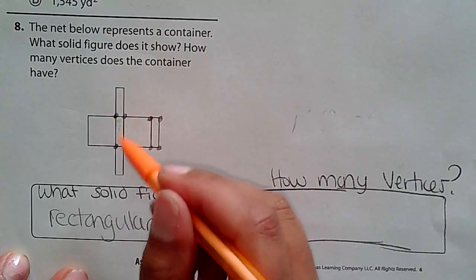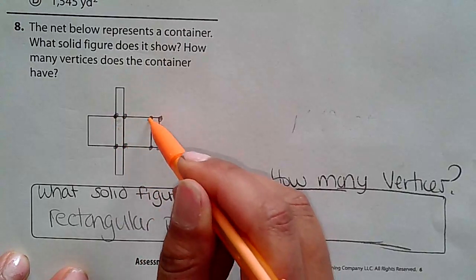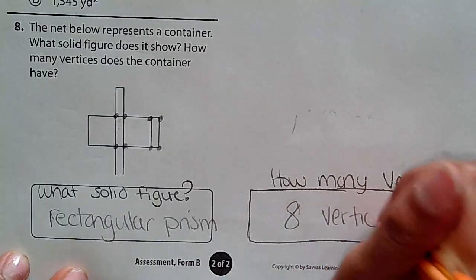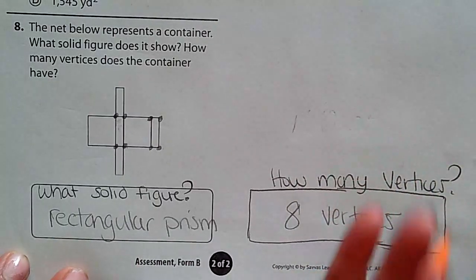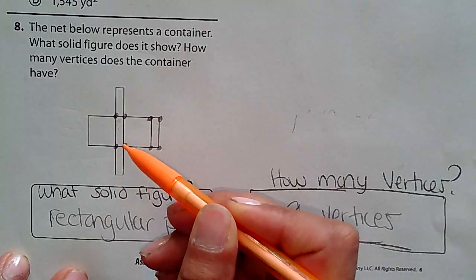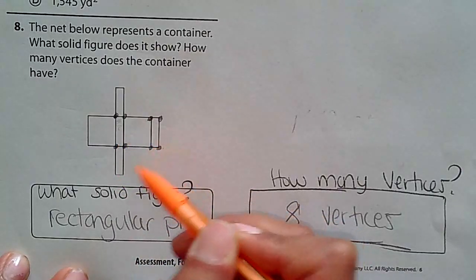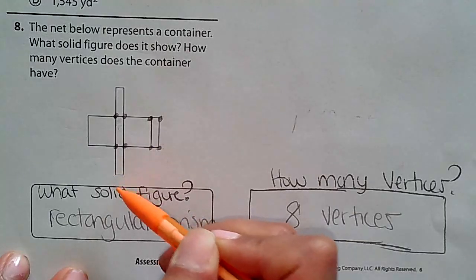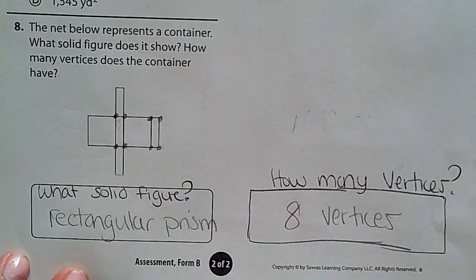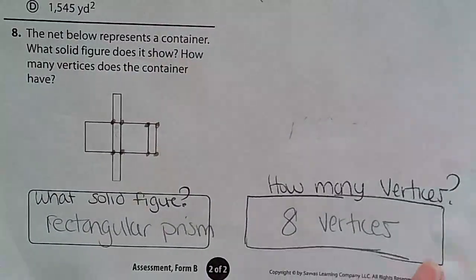So that is a total of 1, 2, 3, 4, 5, 6, 7, 8. 8 vertices. And remember, you have to think about this as if it were folded. So if this piece folded up, it would be connected to this. That's why I'm not putting any dots here, because these two pieces are going to connect. All right, that one is done.